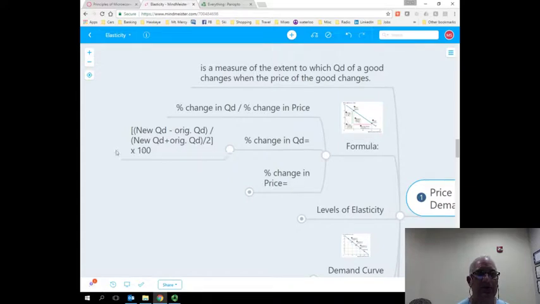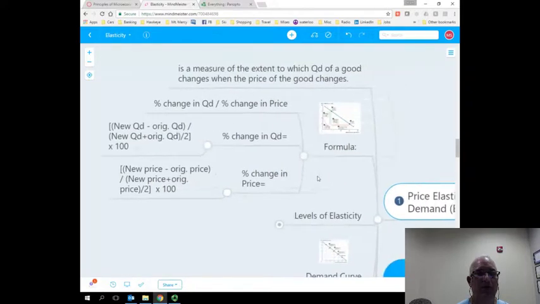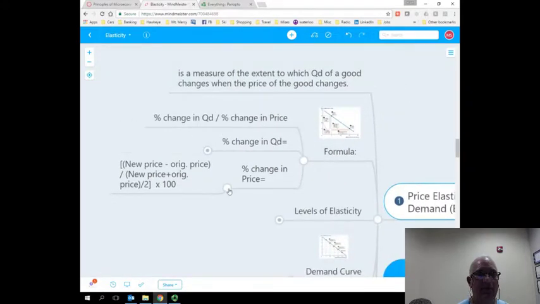So this is the formula for the numerator part of the equation. The denominator is very similar, where we take the new less the original on the numerator, then the denominator we have the new plus the original divided by 2 times 100. So that's how we would calculate it from a formula standpoint.